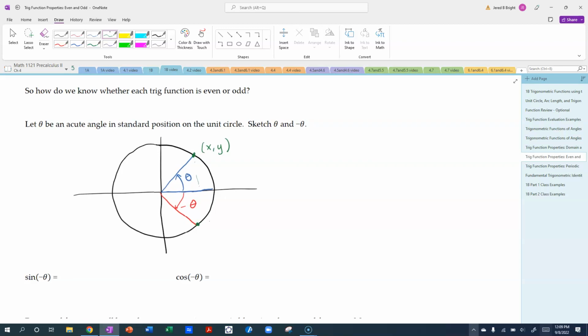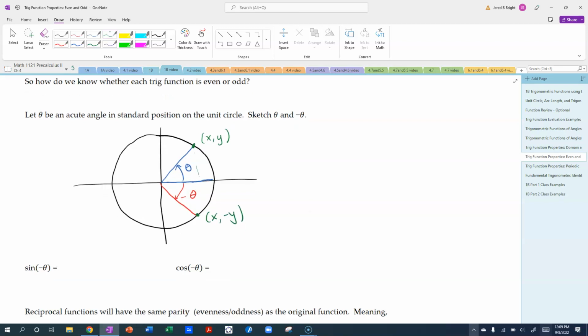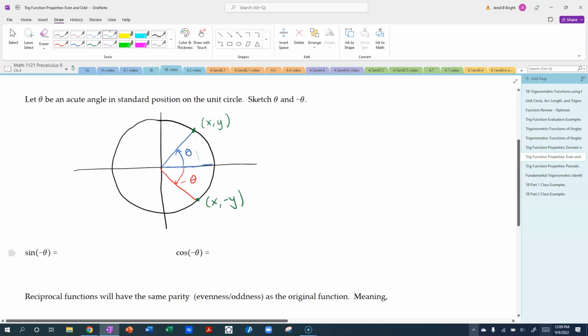This point down here, at the tip of minus theta, where that terminal side intersects the unit circle, would be the same x value, but the opposite y value. Okay, so then if we look at sine of minus theta, that would be, using our trig ratios, minus y over 1, which is minus y, right?